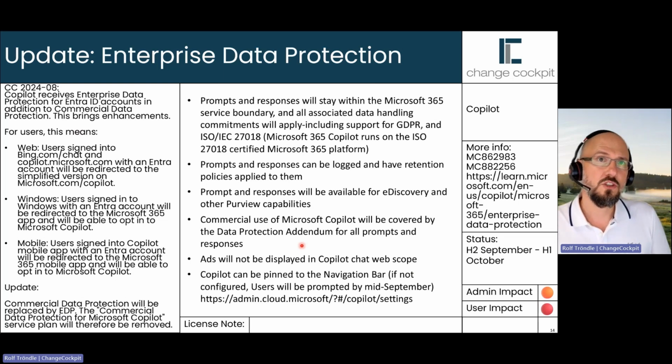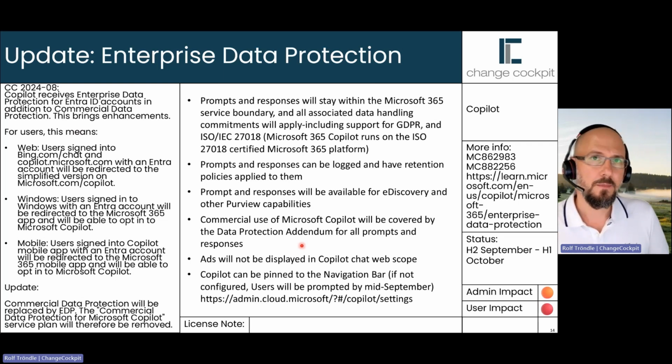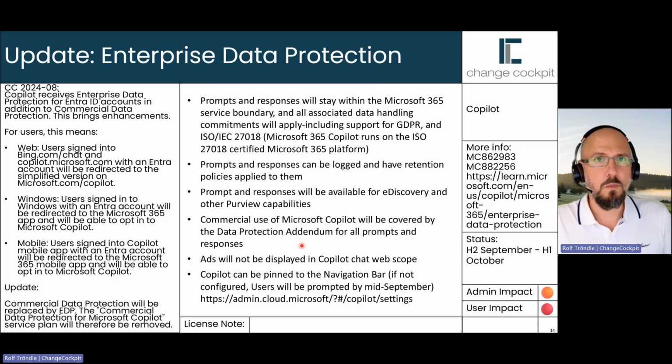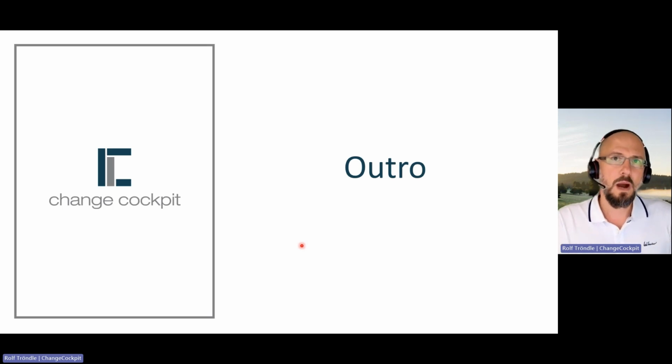That's the update to this change. For more details about enterprise data protection, you can watch the last Change Cockpit recording or Copilot edition recording. That's it for this month regarding changes of Copilot for Microsoft 365, or Microsoft 365 Copilot with the new name.